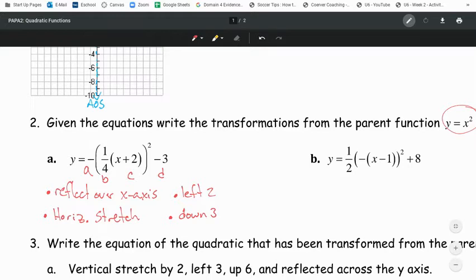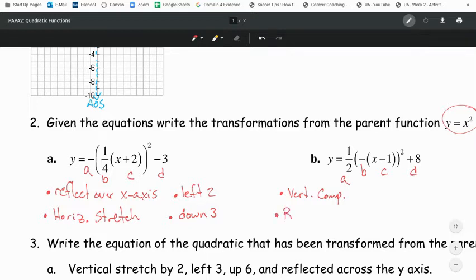Okay. And then I do the same thing with the second one. This is A, that's B, C, and D. So I already have that other table kind of memorized, so I know what's going on here. So this is a vertical compression.